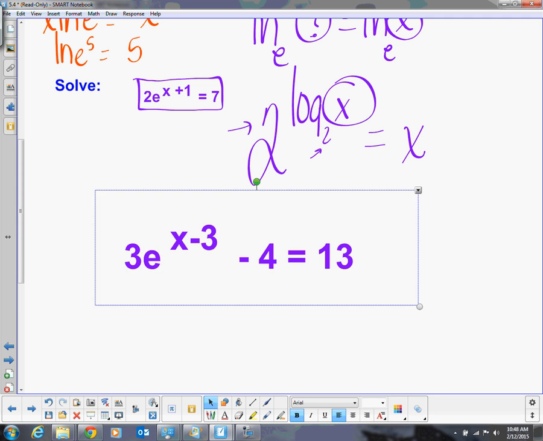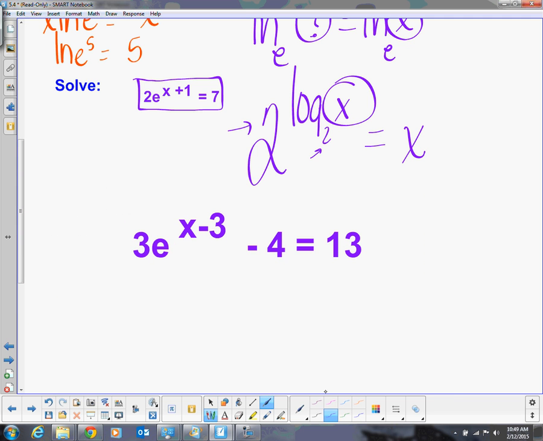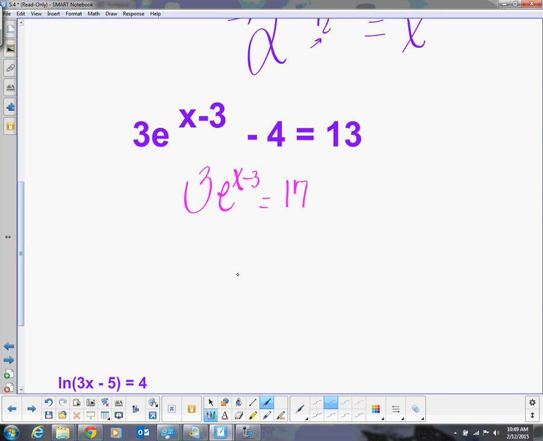Okay, so what are we going to do first? Move the 4 over. So we got 3e to the x minus 3 is equal to 17. Now what? Divide by 3. So we're going to have e to the x minus 3 is equal to 17 thirds. Now what? Natural log both sides. Because what does this do to my exponent?